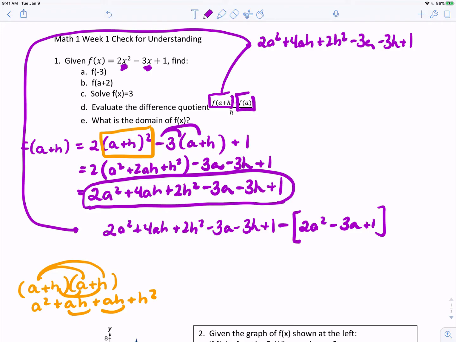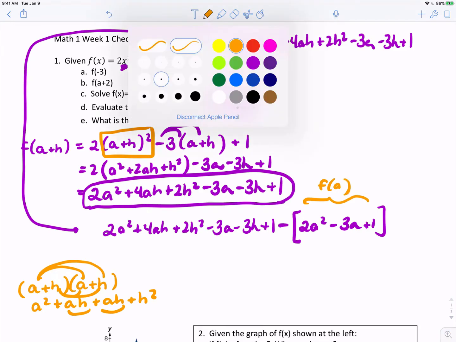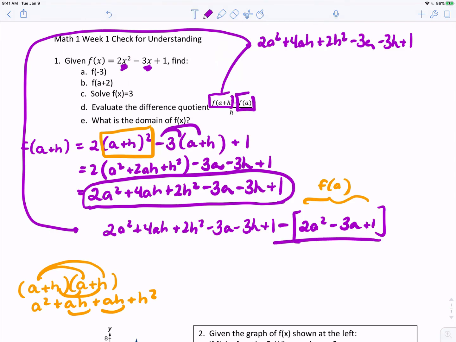So this expression here is f of a. And then what we want to do is divide all of this, according to the difference quotient, by h. Okay, so really all we have to do is a little simplifying. So we're going to distribute this negative sign, and then we'll divide everything by h.